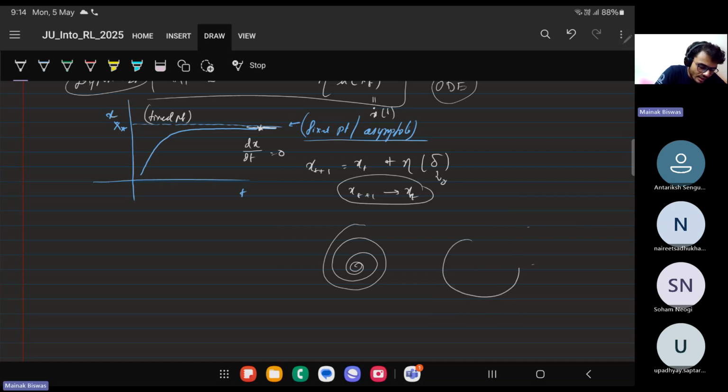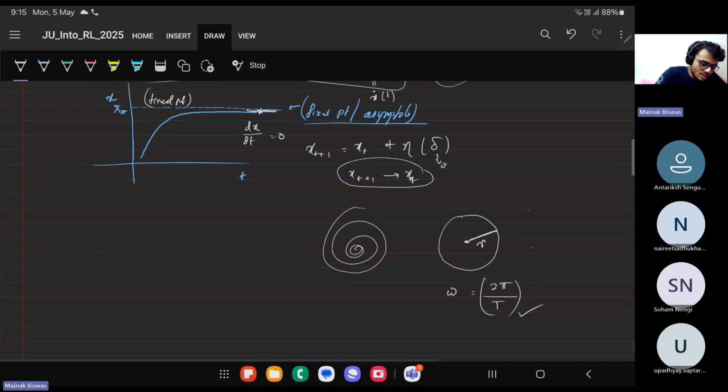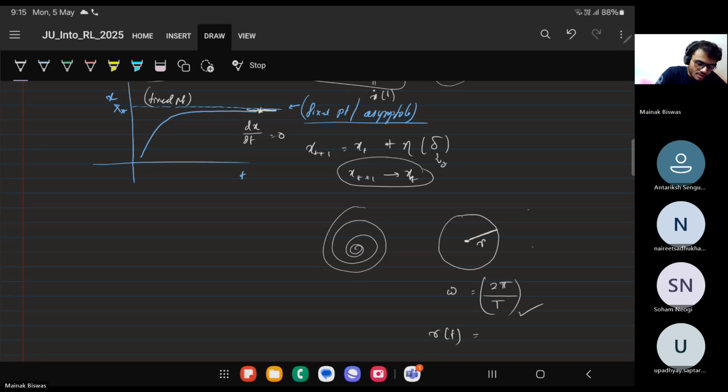At a particular time, say you have this equation, you have a circle. For this circle, the angular velocity is 2 pi by the time in which you want to complete it. You want to rotate along this circle, and the radius is r. The radius r is, say, dependent on time by 1 over time, so the radius decreases with time.